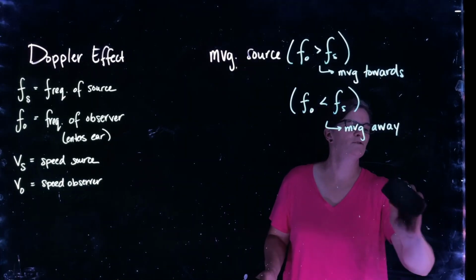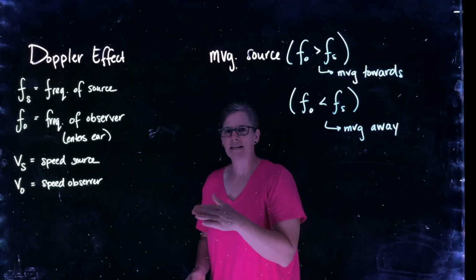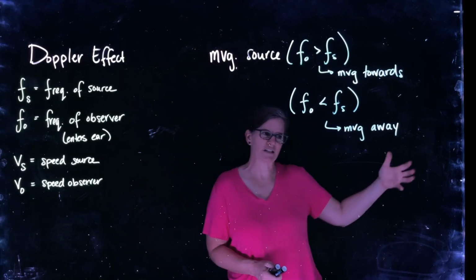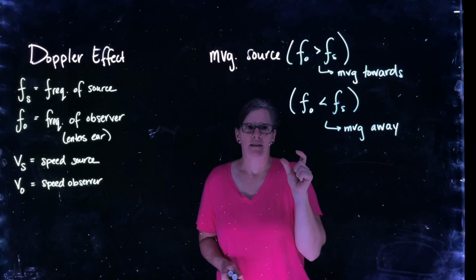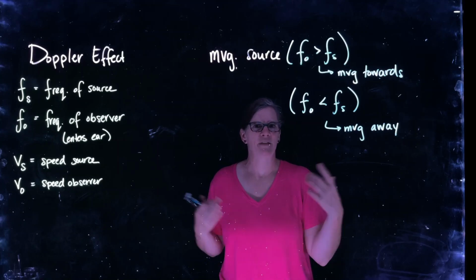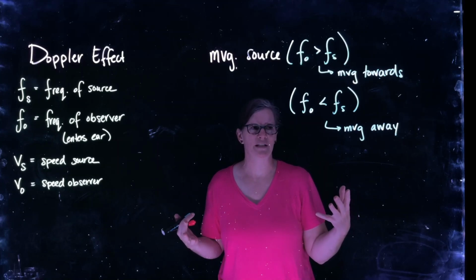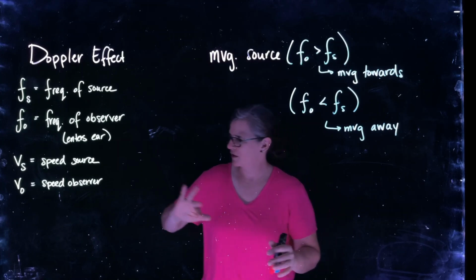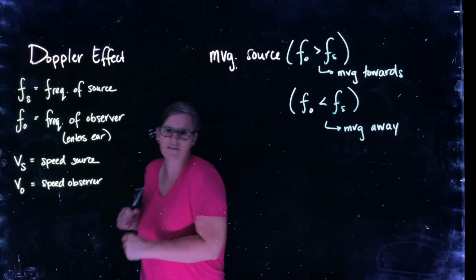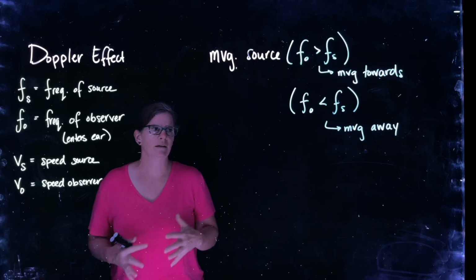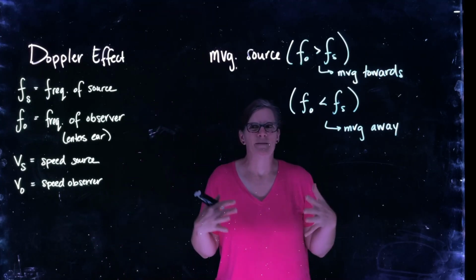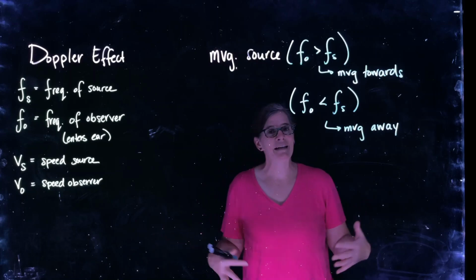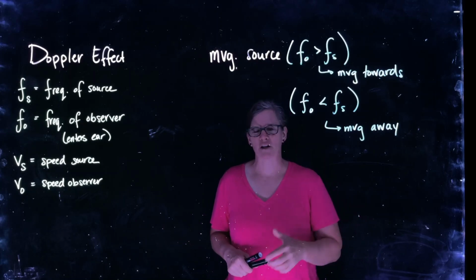As the source moves towards the observer, I start to compress those waves closer together, and those waves hit my ear in less time between them than if the source was stationary. And conversely, if I'm moving away, I send one out, I run away from it, I send out the next one. The frequency I observe as an observer is more spread out, thereby decreased in my inner ear.